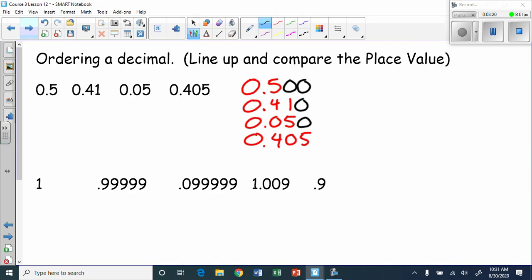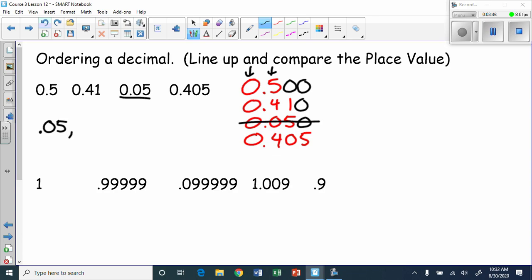If I want to line these up from least to greatest, I'm going to start at my ones, 0, so they're all the same. Now we'll move to the tenths. 5, 4, 0, 4. The smallest one is this one, because there's no tenth. So 0.05.